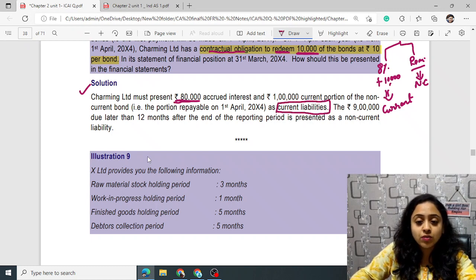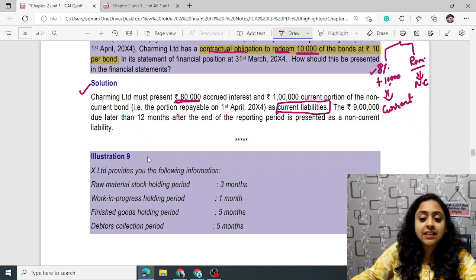They should show this 8% interest on 10 lakh plus these 10,000 bonds of rupees 10, that is rupees 1 lakh, as current liabilities, and the remaining 9 lakh, which is due later than 12 months after the end of the reporting period, is presented as non-current.